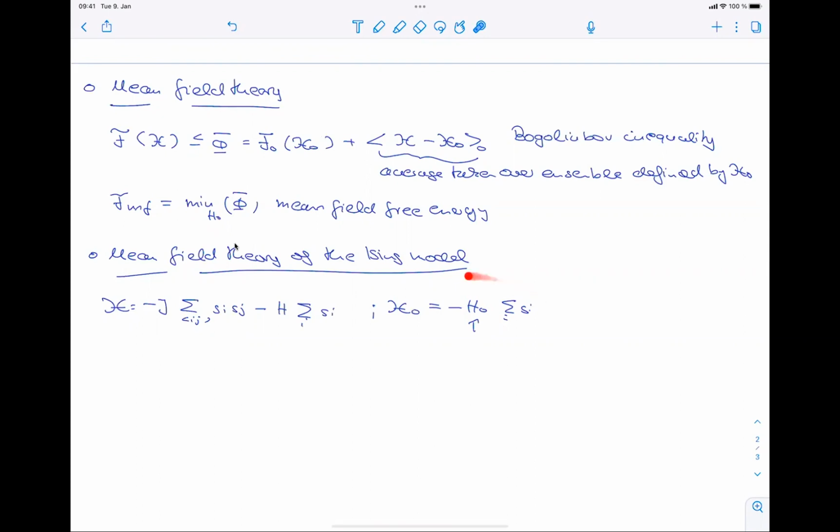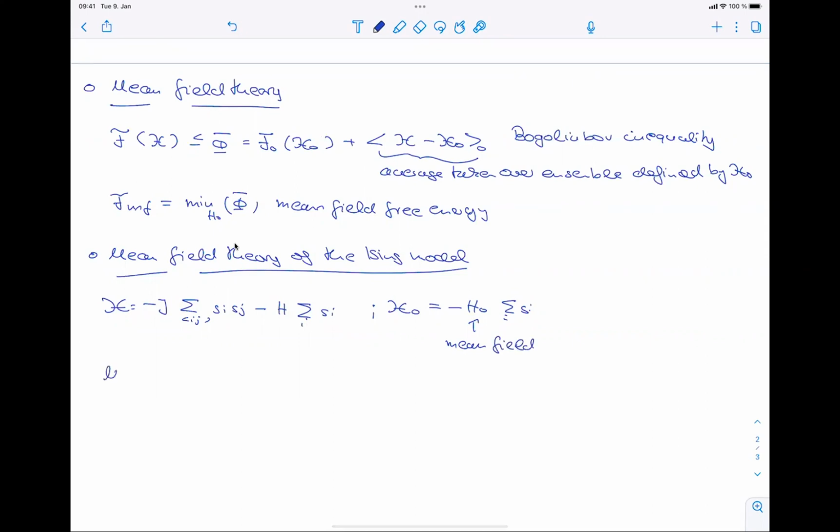But conceptually, the way I'm writing this down, there's a very deep insight, because what I'm actually saying is that I'm approximating this full system by a system where the spins don't interact, but the field that is acting on each spin is given by H naught. And H naught here is the mean field, like a mean magnetic field.